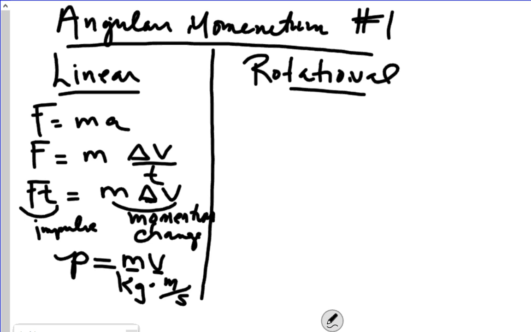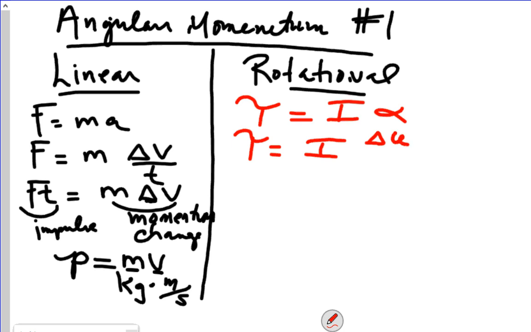Now, if we take the same logic and apply it to rotation, what do we get? Instead of force, we know the rotational counterpart is torque. Instead of mass, the rotational counterpart is moment of inertia, or inertia. And instead of linear acceleration, let's say angular acceleration. So you can probably predict where I'm going here. What's the definition of angular acceleration?